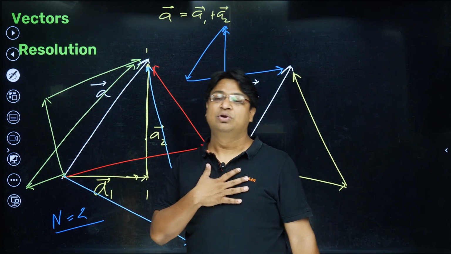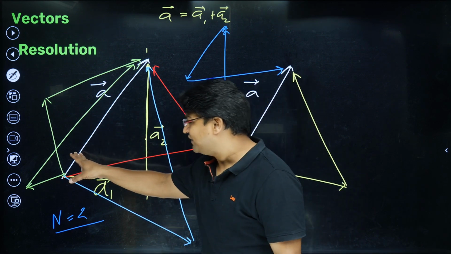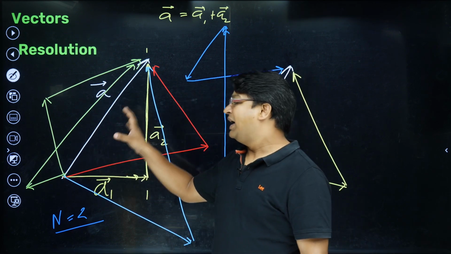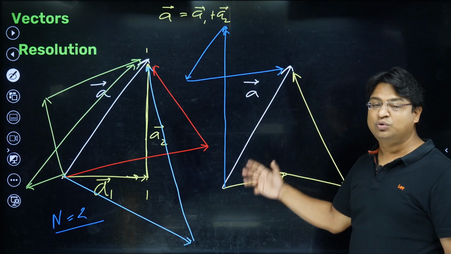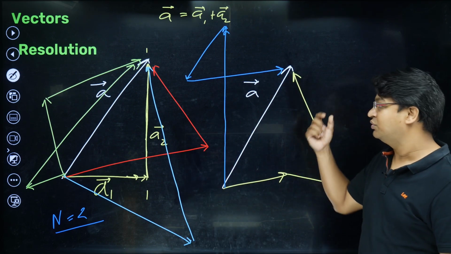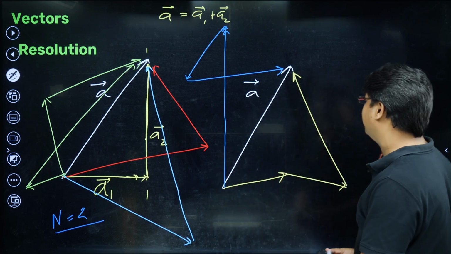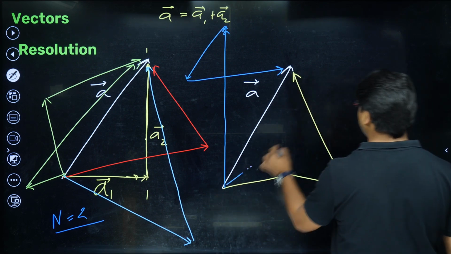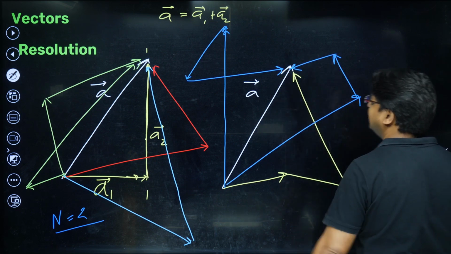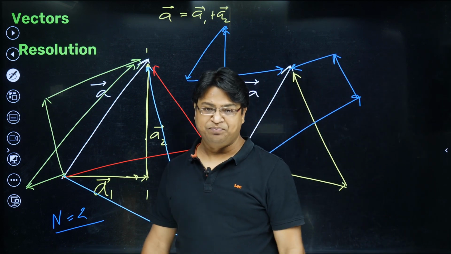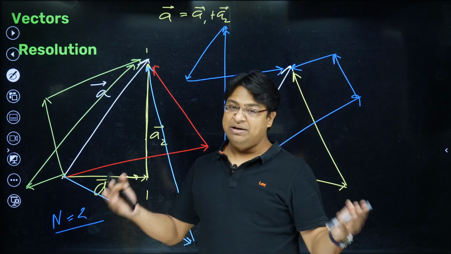I think there are going to be infinite sets. If I want to split this vector into a couple of vectors, I have infinite ways of doing that. If I want to break it into 3 vectors, I again have infinite ways of doing this. You can start from anywhere, draw till any point, then draw till any point, and then end. So you have infinite ways of doing this. So we can resolve a vector into any number of components.